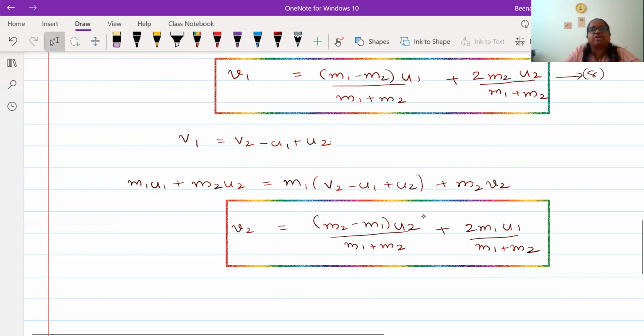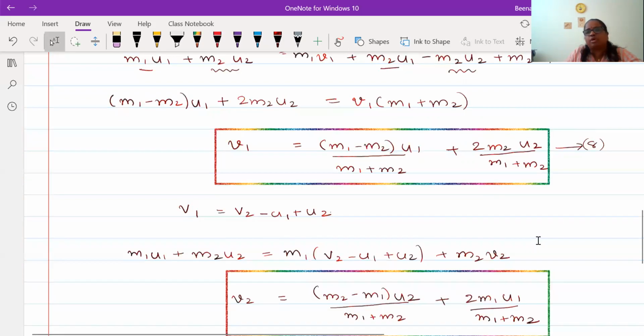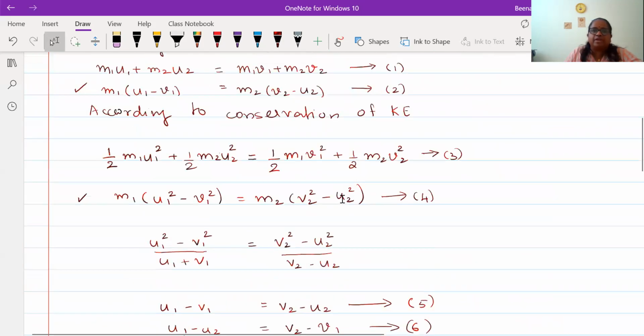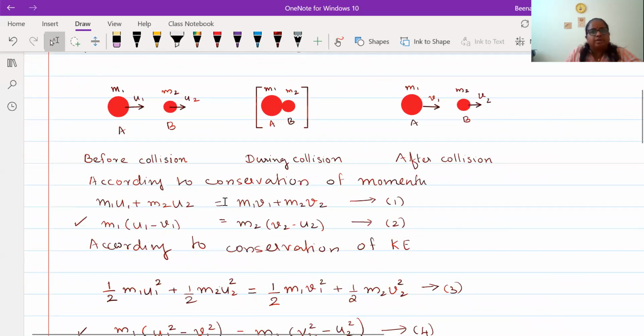Once again, let's have a quick revision of the steps involved. Let this be equation number 9. First of all, we considered an elastic collision: two objects moving in the same direction with velocities u1 and u2 collide, and after collision they move in the same direction with velocities v1 and v2. First we took conservation of momentum and wrote the equation.